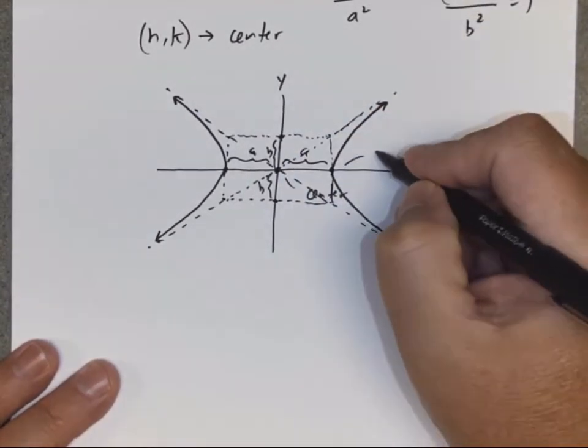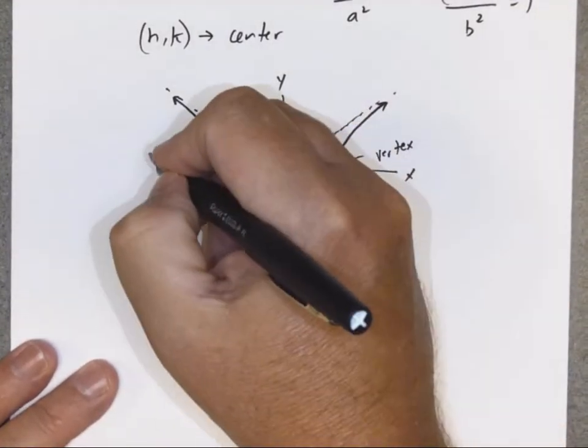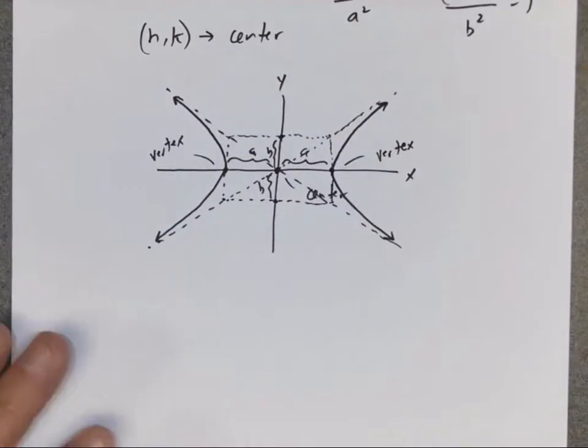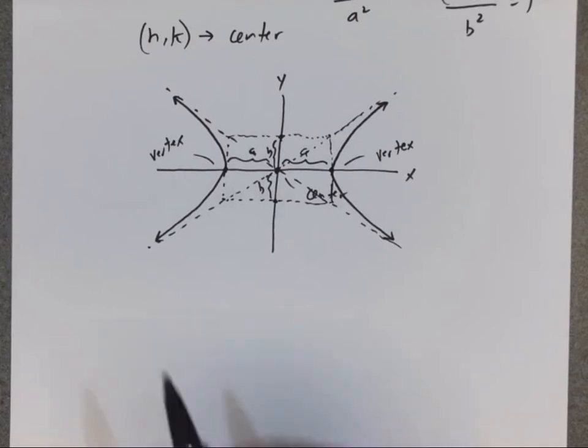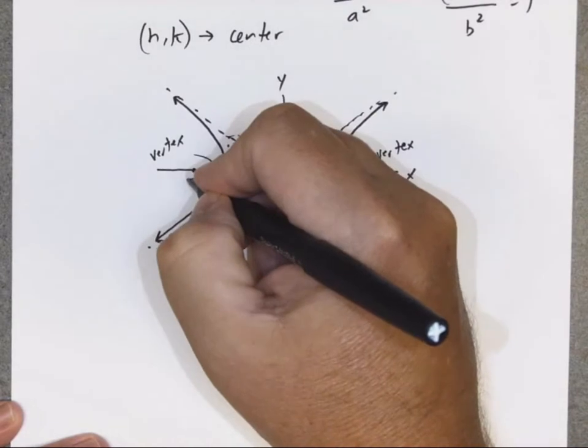Center, this point, is called, some books call these vertices. Yeah, they're called vertices. Now there's also 2 more points called the focus and the focus.